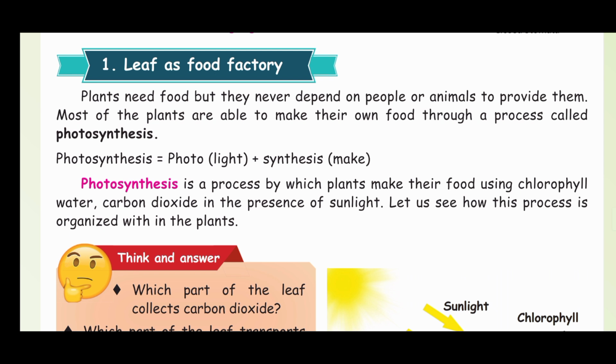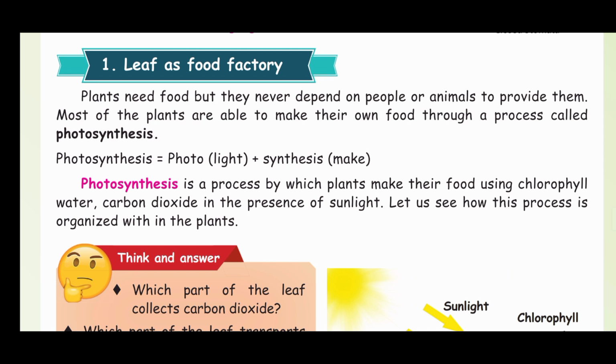Photo means light, plus synthesis means making or preparing. So light is making food. Photosynthesis is a process by which plants make their food. So they prepare their own food.